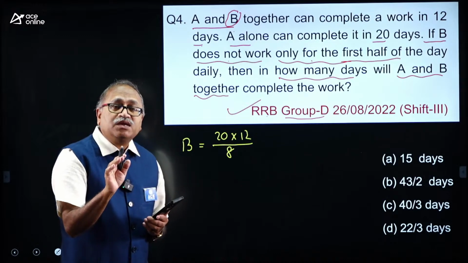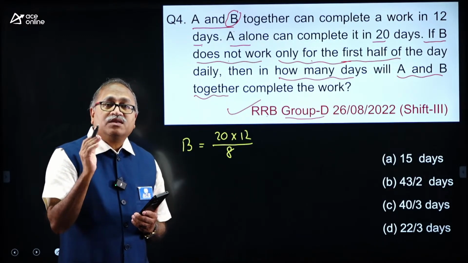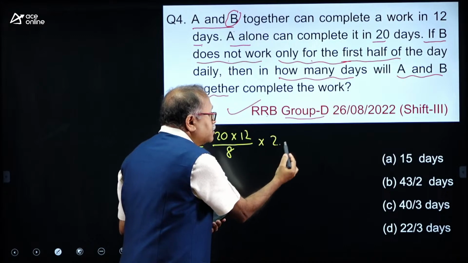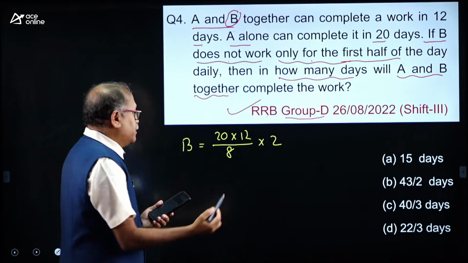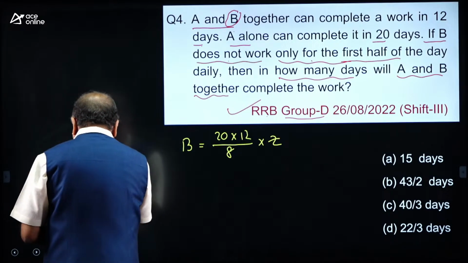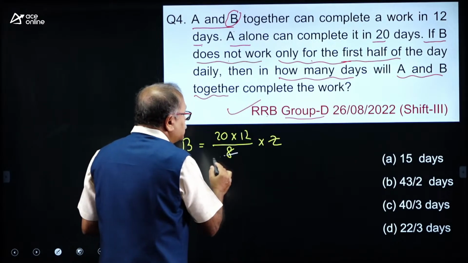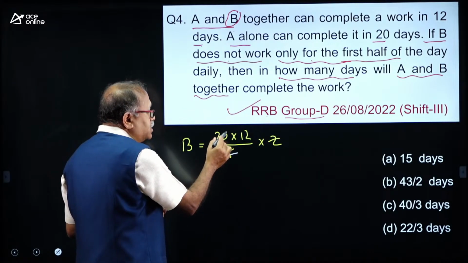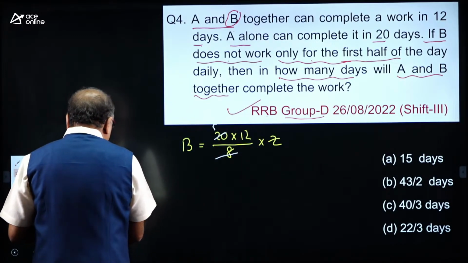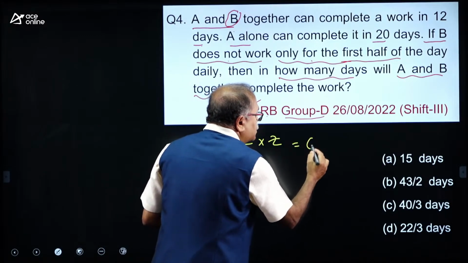And as B is working half the day, the number of days will become double. Now you notice that this gets cancelled 4 times, this gets cancelled 4 times, and with 4 this 5 times, that means 12 into 5, so he will be taking 60 days.